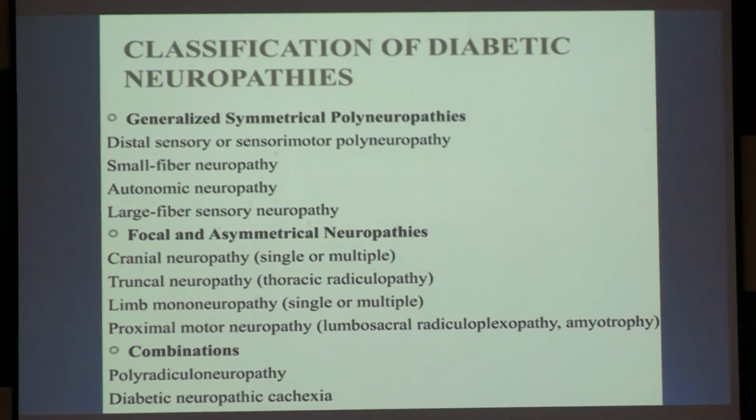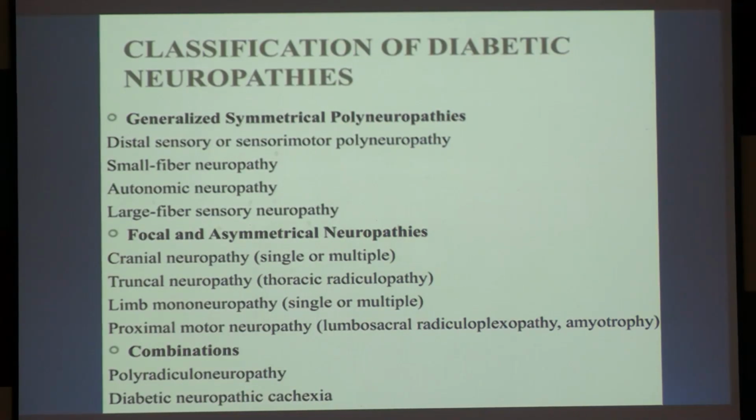The first, generalized symmetrical polyneuropathy, is again subdivided into acute sensory neuropathy, chronic sensorimotor neuropathy, large fiber sensory neuropathy, small fiber neuropathy, and autonomic neuropathy. Small fiber neuropathy is usually associated with autonomic neuropathy.